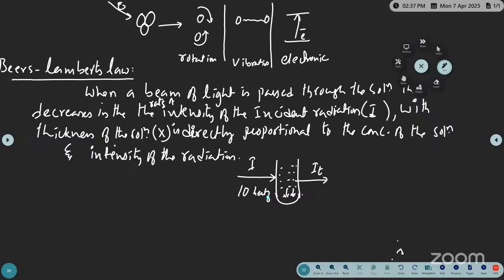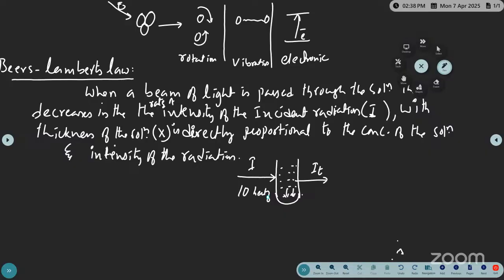How much the radiation decreases with thickness of the solution is directly proportional to the concentration of the solution అని చెప్తున్నాం. So basically concentration of the solution.